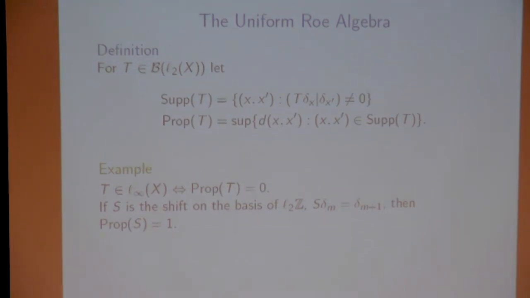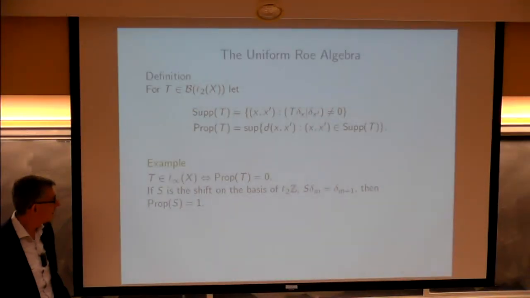For example, L infinity of X, which is all the diagonal operators, or all the ones diagonalized by the standard basis, has propagation 0, because the pair x, x prime is in the support if and only if x equals x prime. Next example, if you take L2 of Z and look at the unilateral shift on the basis, propagation is 1, because everything is just moved a little bit.